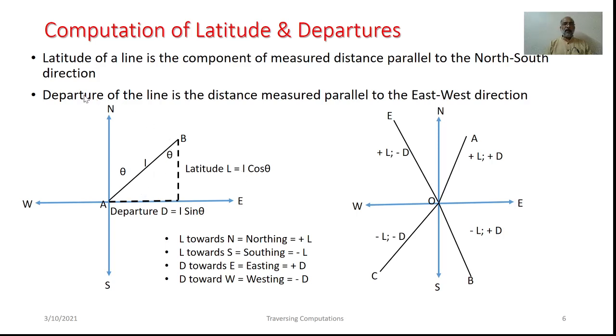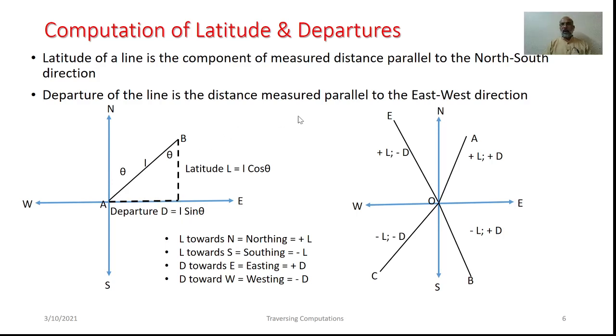In a similar manner, the departure of this line is the distance measured parallel to the east-west direction. So, for line AB having length L and inclination of theta with respect to magnetic north, departure will have the value of L sin theta.